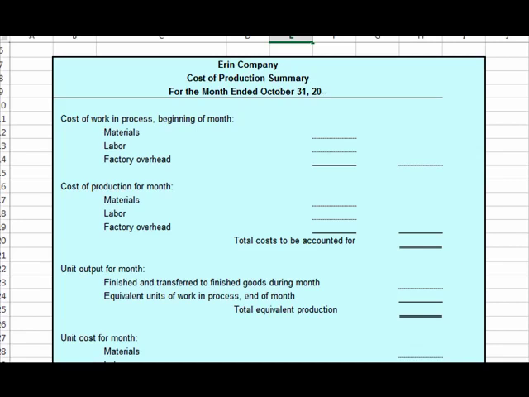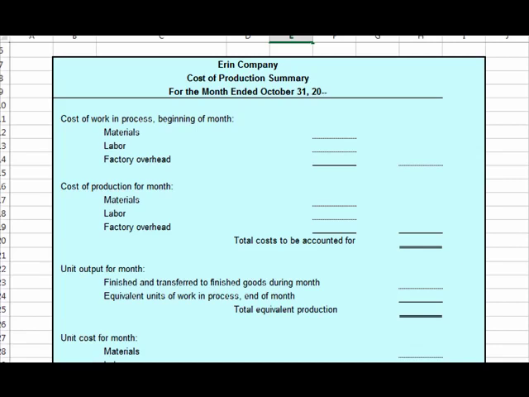Instead, we'll just assign costs to the various production departments. And then as the units move through the manufacturing facility, we'll transfer the cost along with the units. Eventually, we'll transfer the cost into finished goods, divide by the number of units produced, and get a cost per unit. We did that in managerial.